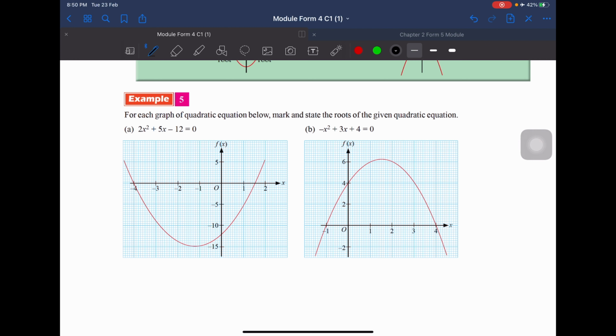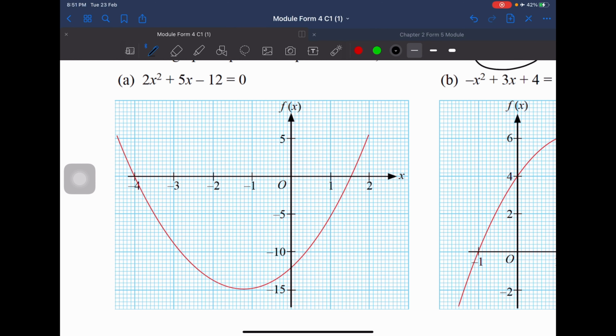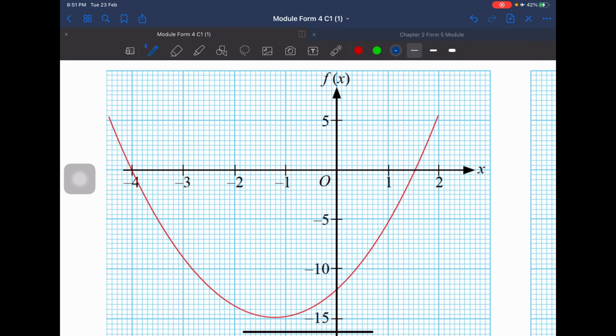Take a look at example 5. For a graph of quadratic equation below, mark and state the root of the given quadratic equation. So this is our quadratic equation. So this is the graph. We know that the roots are actually something that cross the x-axis. So if you have a look over here, this is the first root and this is the second root.